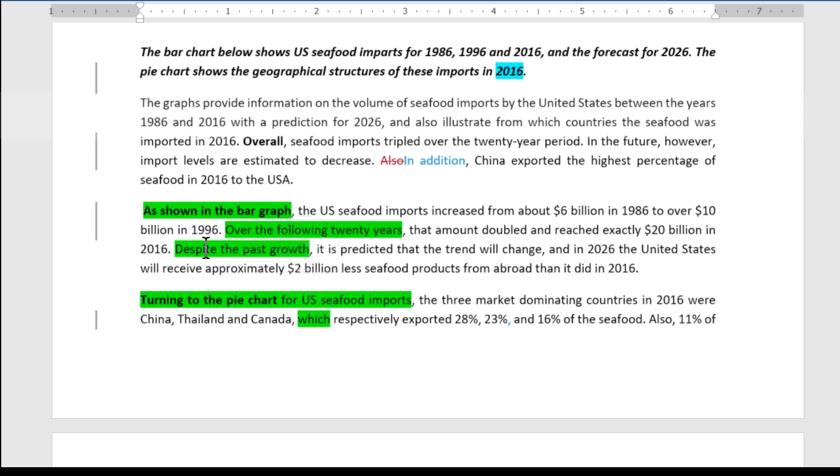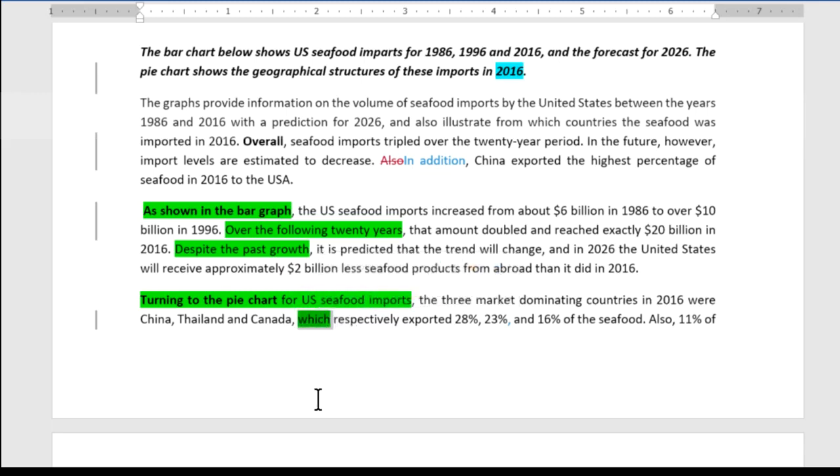Despite, as is often used in these sentences, despite something, despite the past growth. So we don't have a complete idea. We need to wait for the next clause to get the complete idea. Turning to the pie chart for US seafood imports. So we know there's more information coming.